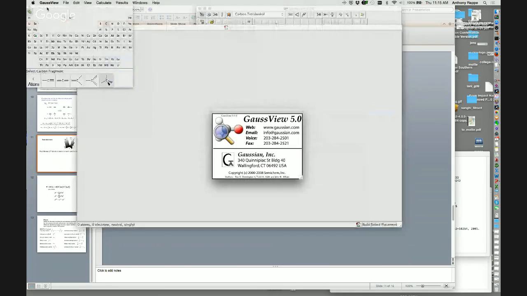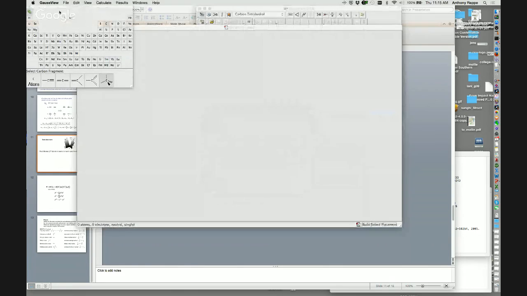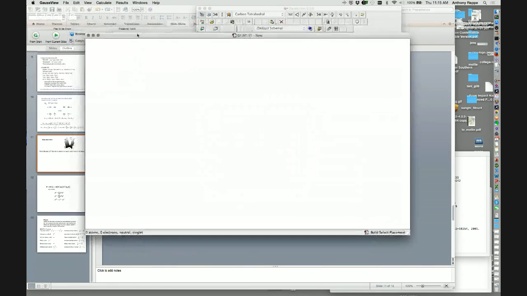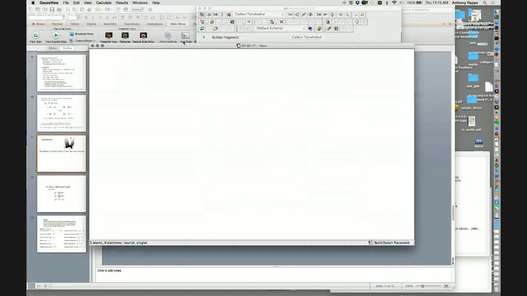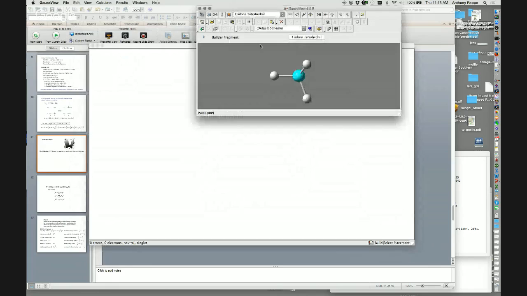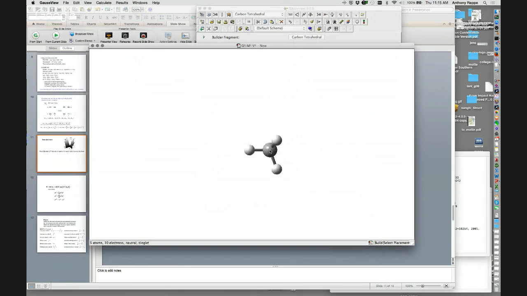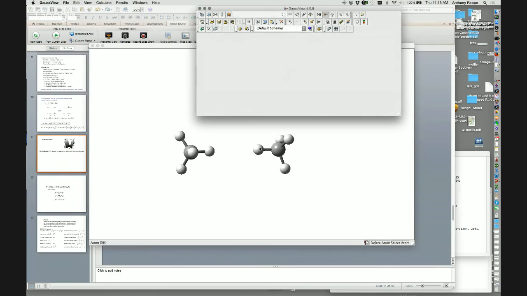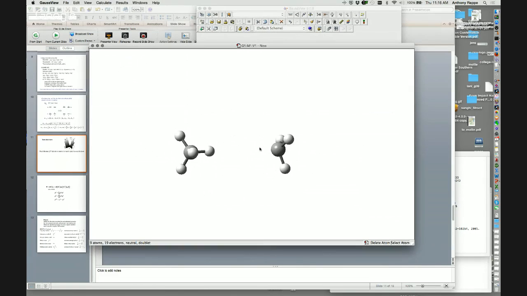There are a number of different ways to go about finding the saddle point, and what we're going to calculate is the transition state or saddle point for the reaction of methyl radical with methane.